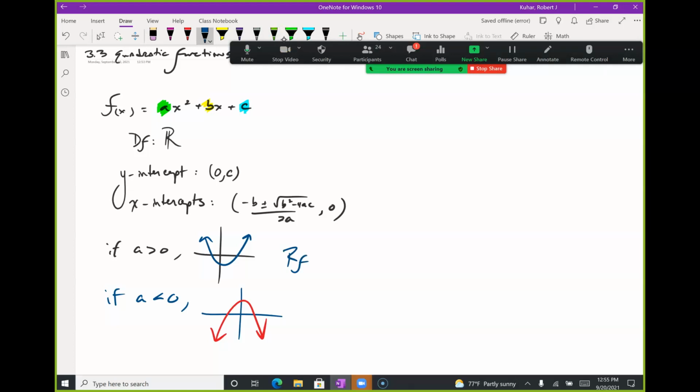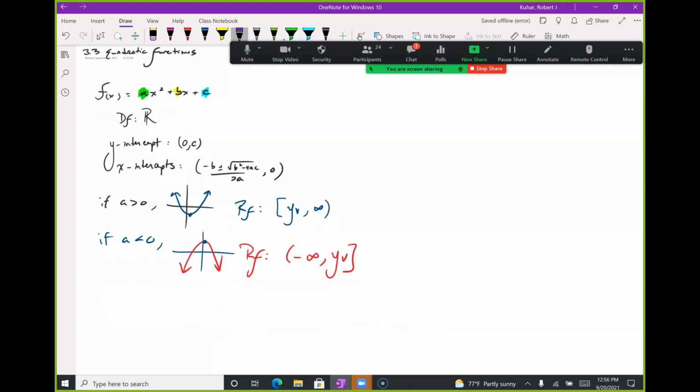What's the range if the graph opens up? It's going to be from the vertex up, so I'll call it y sub v to infinity. And if it opens down, it's going to be from negative infinity to y sub v. So remember, y sub v is what I use to say the y coordinate of the vertex.